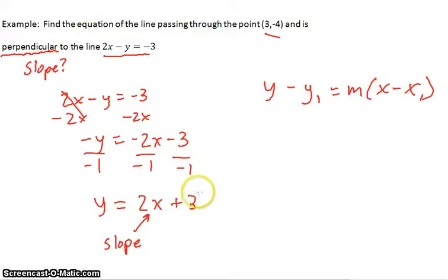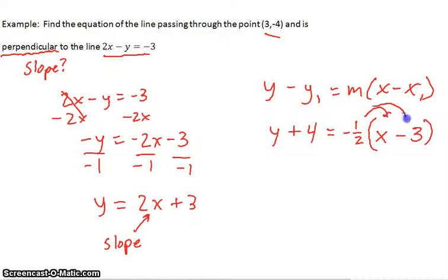So the opposite reciprocal of 2 will be negative 1/2. So then I plug in the point. It'll be x minus 3, y plus 4. So there's my equation. I'm going to distribute the negative 1/2. So I have y plus 4 equals negative 1/2 x plus 3/2.